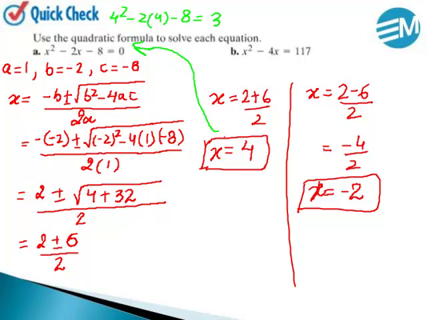It should give 0 as the answer. 4 squared is 16, minus 8 is 8, minus 8, so it is ultimately going to give us 0, which is the right hand side. Similarly, you can also try substituting negative 2 and it's going to give you 0 as well. So it shows that our answer is correct.